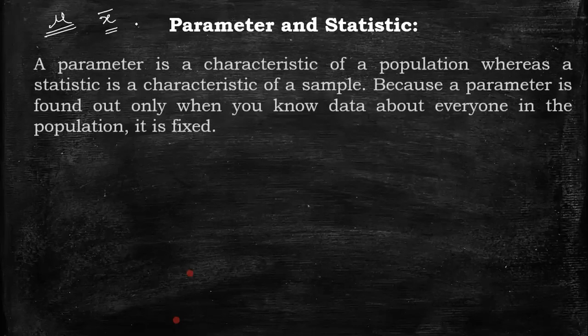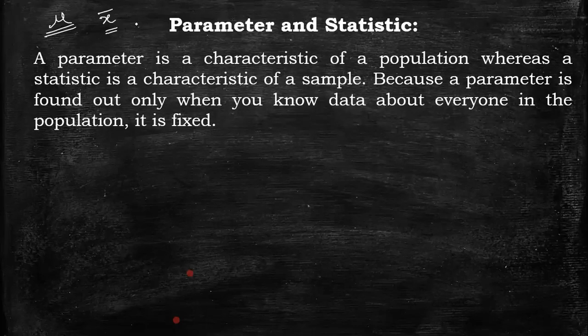So a parameter is a characteristic of a population, whereas a statistic is a characteristic of a sample.